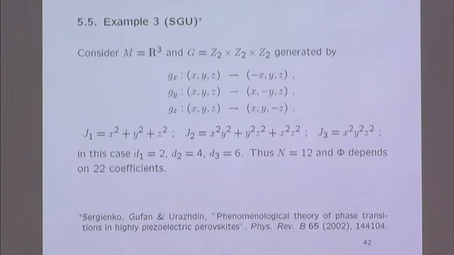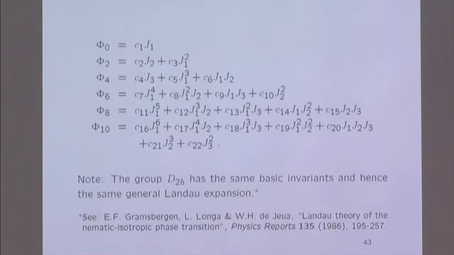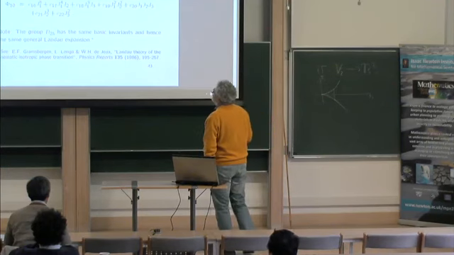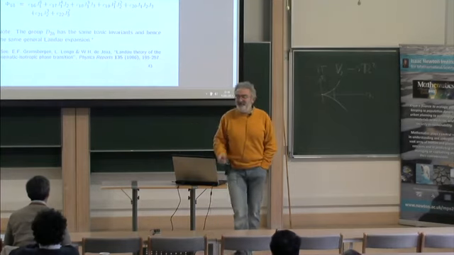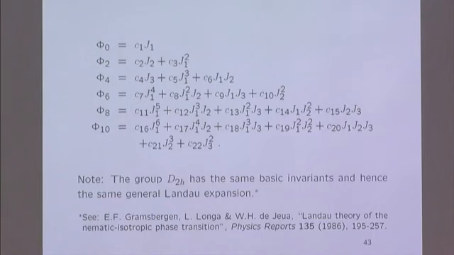This begins to be nasty, and indeed, if I write this up to order 12, I get 22 coefficients, which is a bit too much. And actually, the group D2H, which was discussed in Professor Longa's talk, has the same basic invariance, hence the same expression.